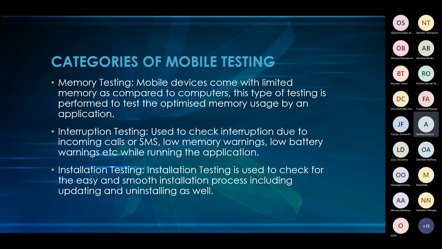Mobile devices come with limited memory as compared to computers. Yes, we all know that. This type of testing is performed to test the optimized memory usage by an application. As we all know, our computers have so many bytes that they won't complain. For some mobile devices, once you are downloading so many things, it will tell you it's full.